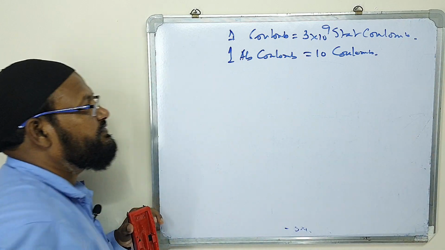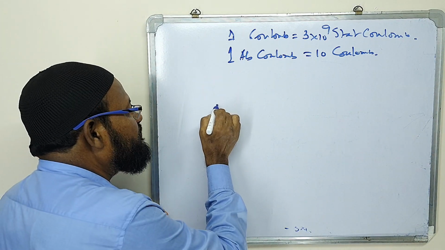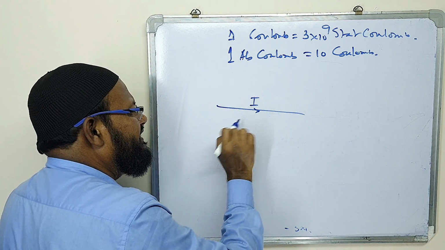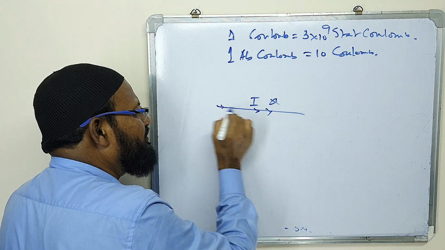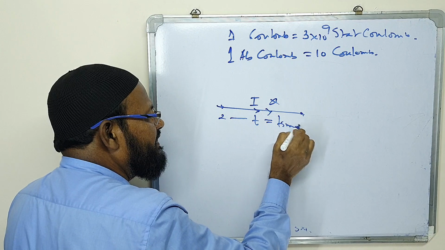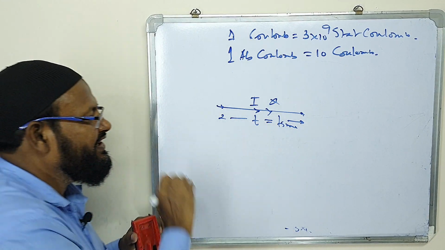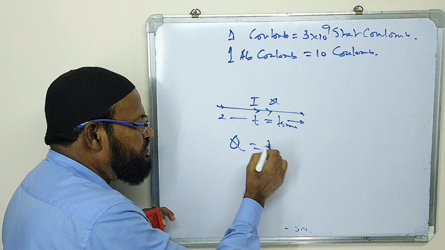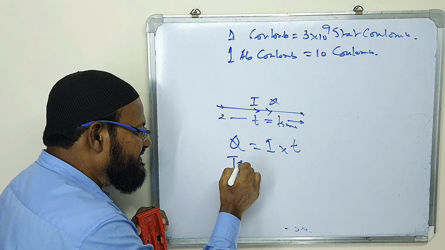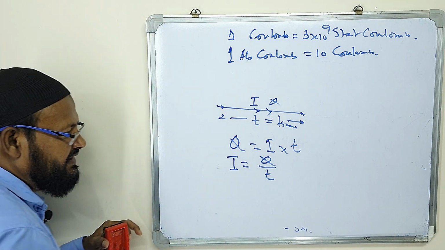This is important. Okay. Next thing is, here is one small formula. I, this is Q, and from here to here, what is this? This is the time. Suppose this time is T. What is the relation among the 3? I is equal to Q into 1 by T. So this is Q by T. Can you tell me?